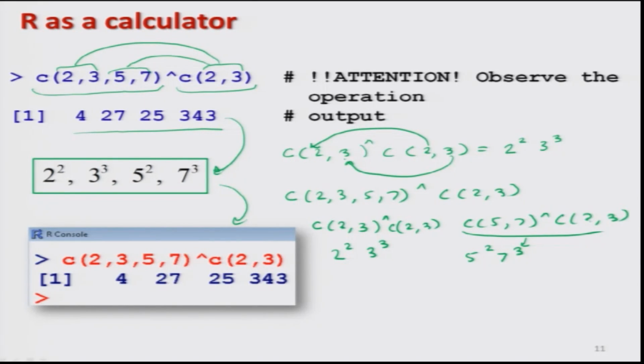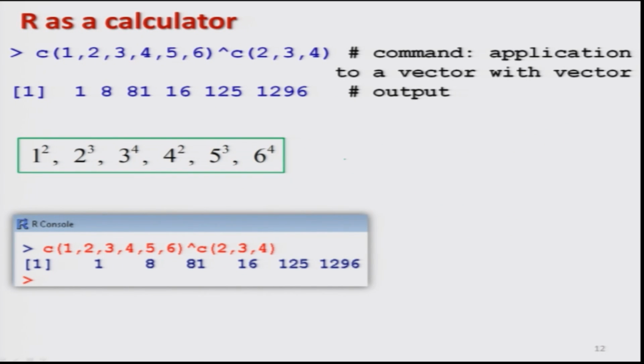Now, let us try to take a more complicated example and see what happens. Okay. So, now I am taking 6 values which are combined in a vector c, and these values are being multiplied by another vector that contains 3 values. So, now we divide them in multiples of 3.